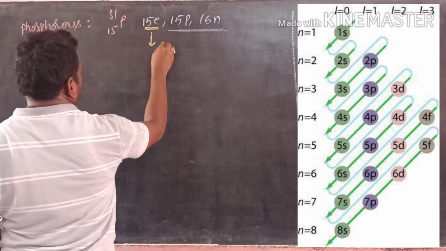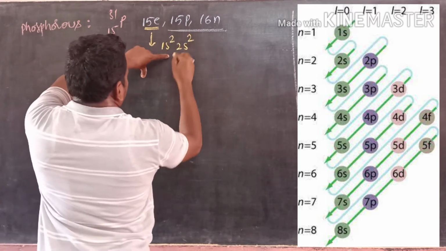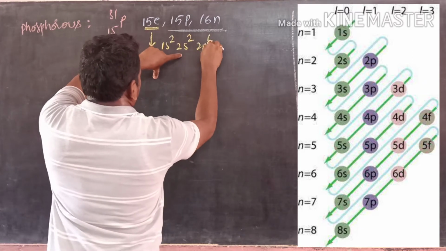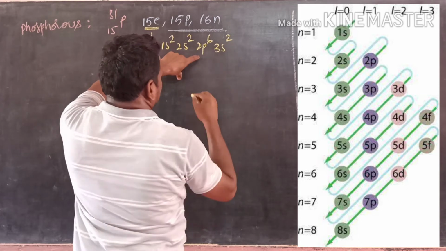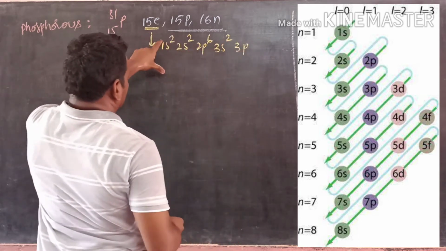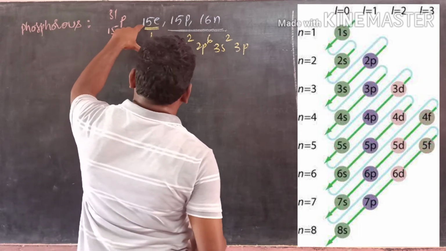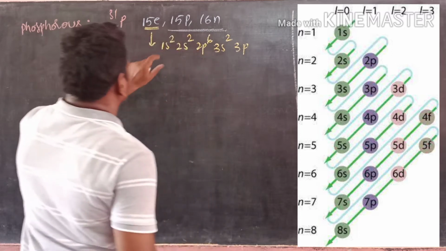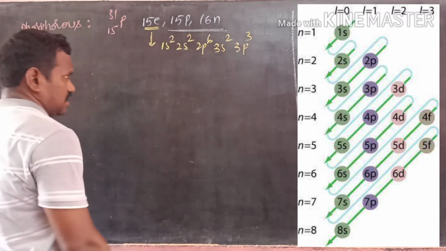Of these 15 electrons, the first 2 are in 1s, the next 2 are in 2s, and the next 6 are in 2p. After 2p the electrons enter the 3s, then after 3s the electrons enter the 3p. Till now 12 electrons are completed and 3 electrons are left. The 3 electrons are in 3p.